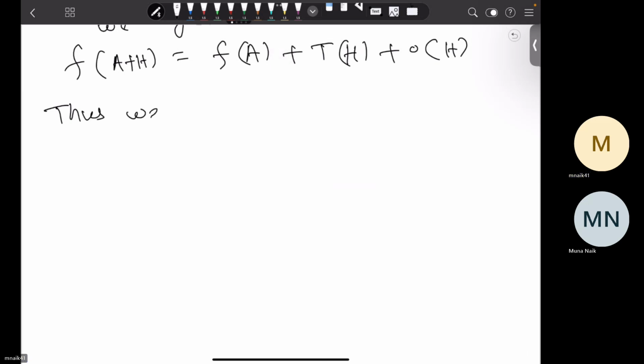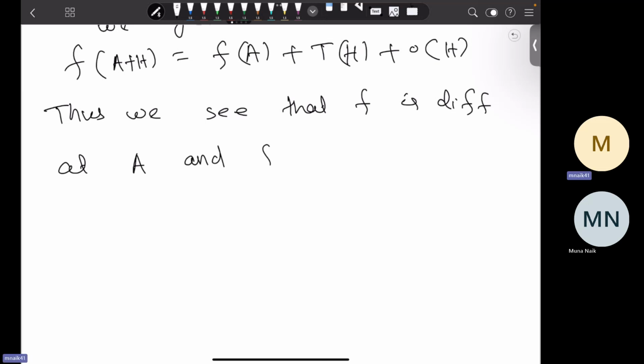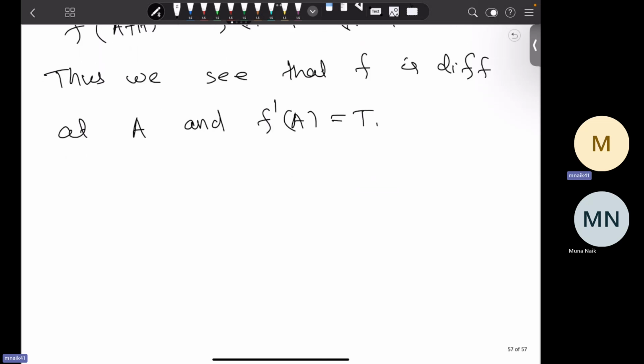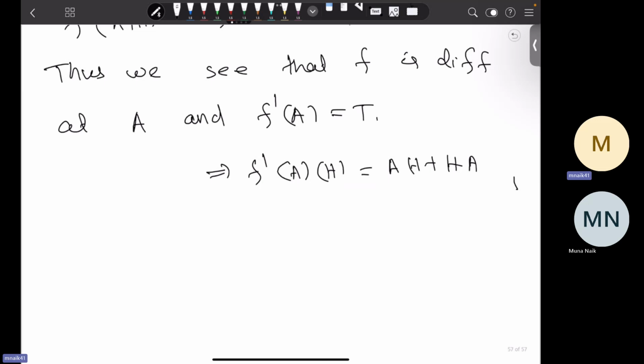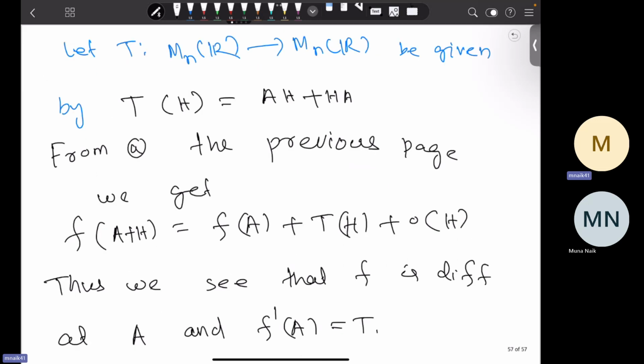Thus we see that f is differentiable at a and f'(a) is T. So f'(a)h is nothing but ah plus ha. Now, a is an arbitrary point, so this implies that f is differentiable on M_n(R).